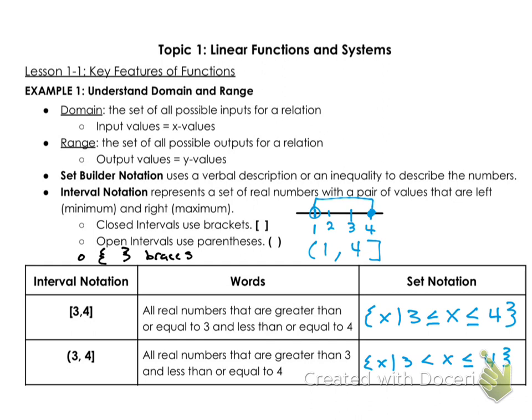It's not included in the solution, right? 1.1 would be included in the solution, but 1 would not be, right? It's greater than 1 and then less than or equal to 4. Perfect. Yep. That's exactly right. The closed circle is telling us that 4 is what? Included. Included in the solution, right? 4 would be a solution.